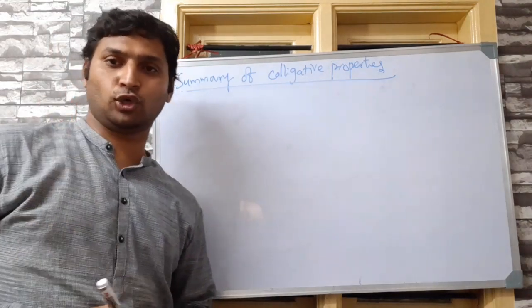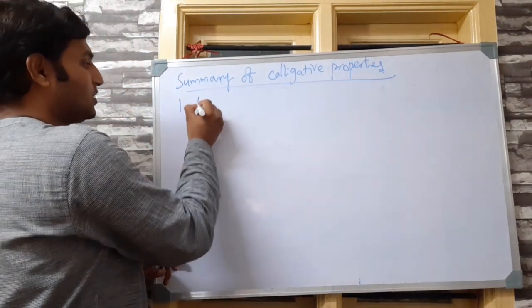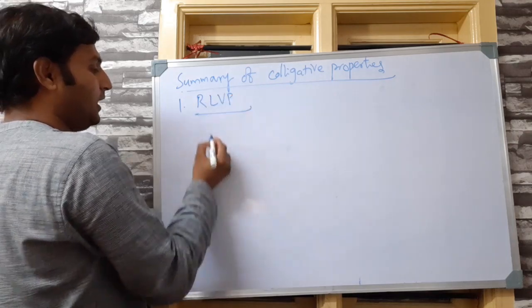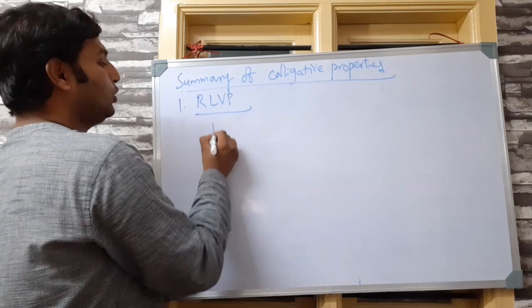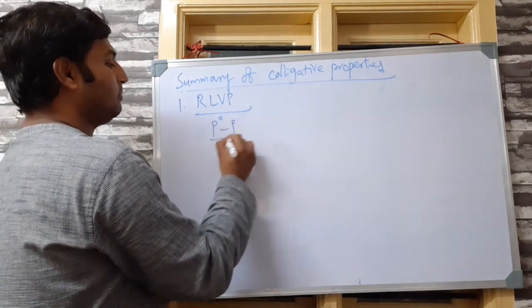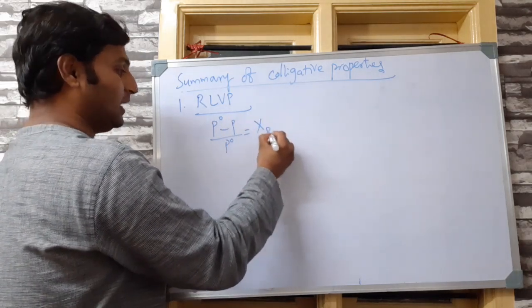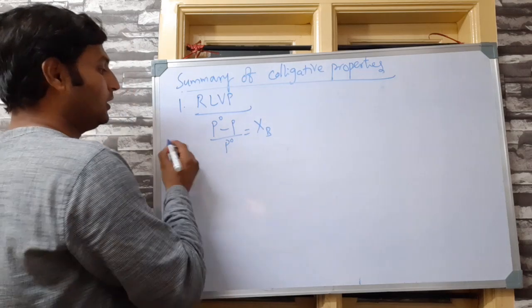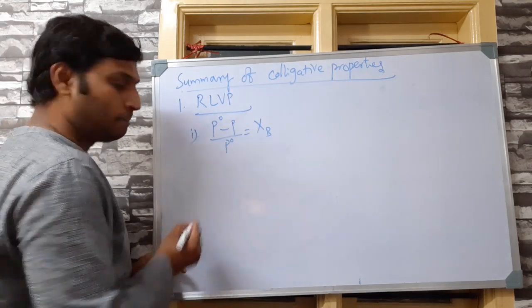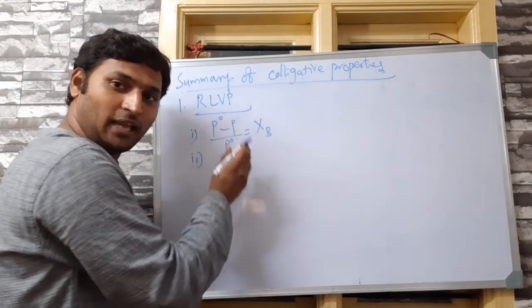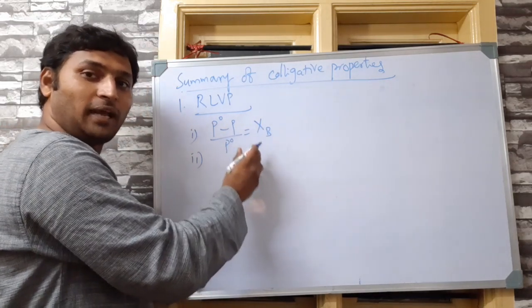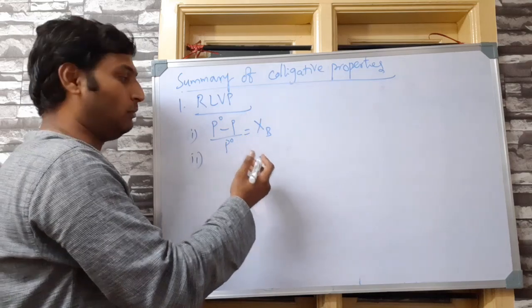See, you have learned 4 colligative properties. First one was RLVP, and I am summarizing only the mathematical expressions here. You have learnt that (P0 minus P) by P0 is equal to XB, that is the mole fraction of solute, the first thing to be noted. Then secondly, in the place of XB you took NB by NA, which is WB into MA by MB into WA.